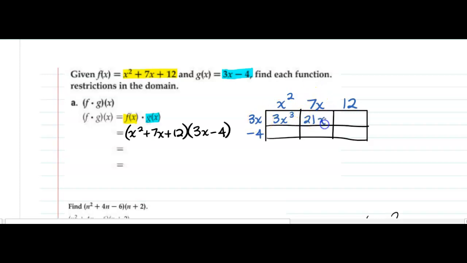X times x is x squared. 3 times 12 is 36, and the factor of x comes along. Negative 4 times x squared is negative 4x squared. Negative 4 times 7x is negative 28x. And finally, negative 48.